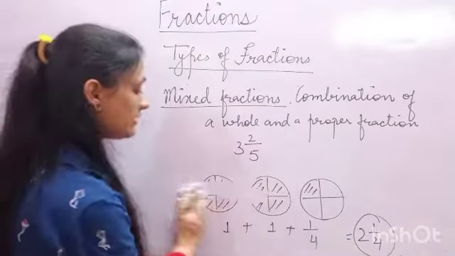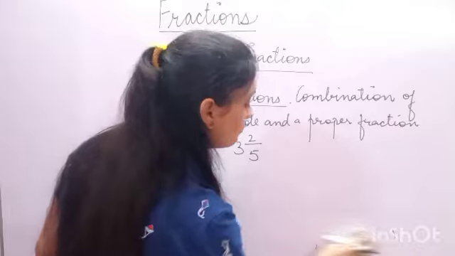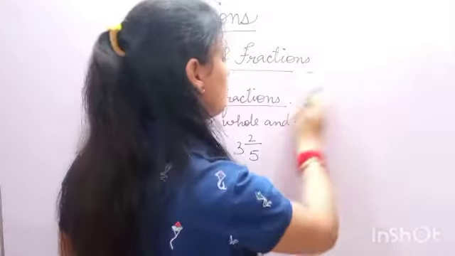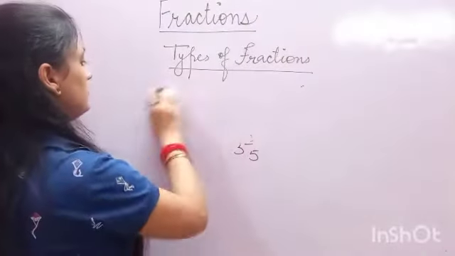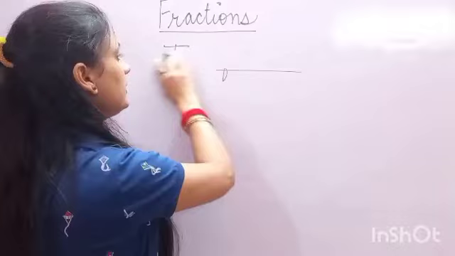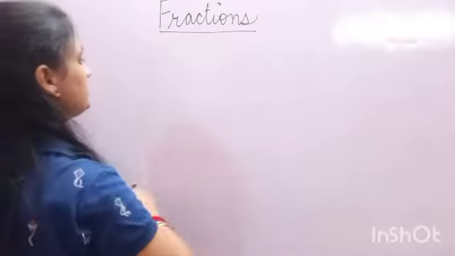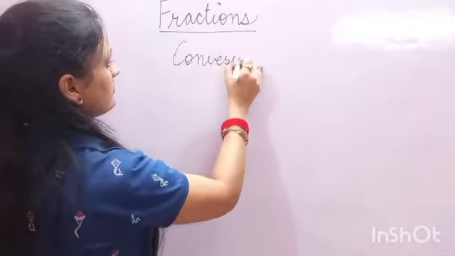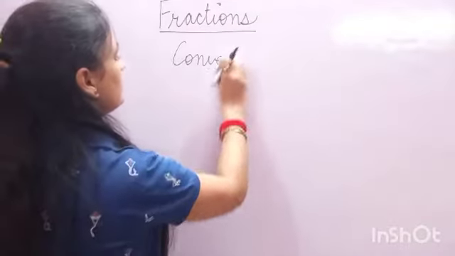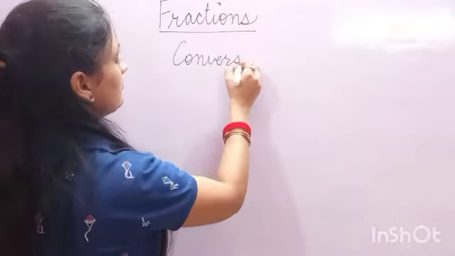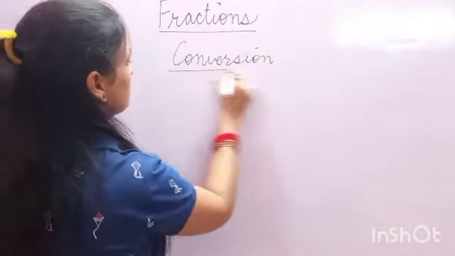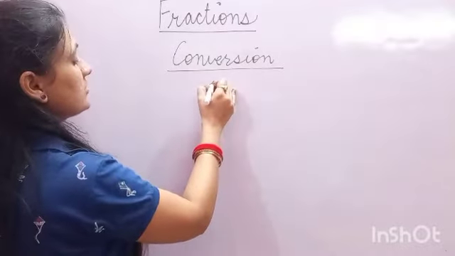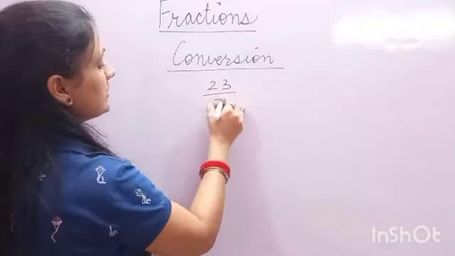Now let us understand how to convert improper to mixed and vice versa, means mixed to improper. Let us understand the conversion. So suppose the number given is 23 by 7.